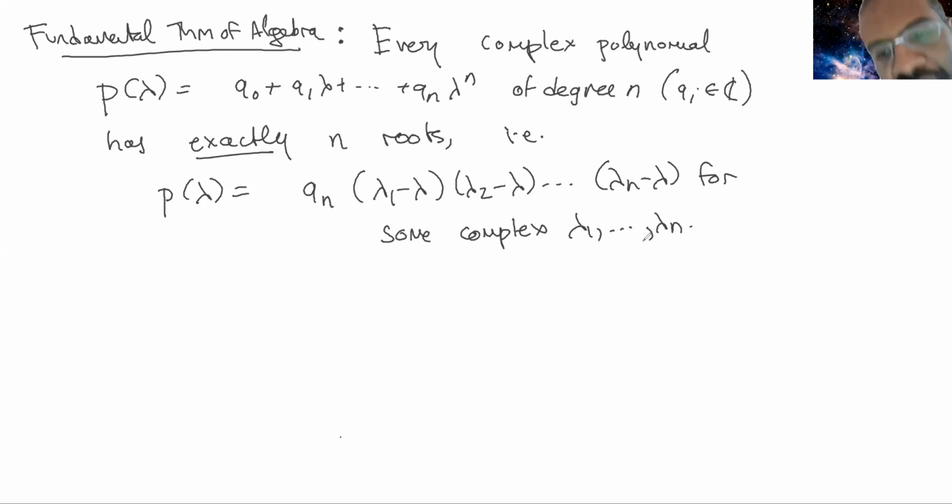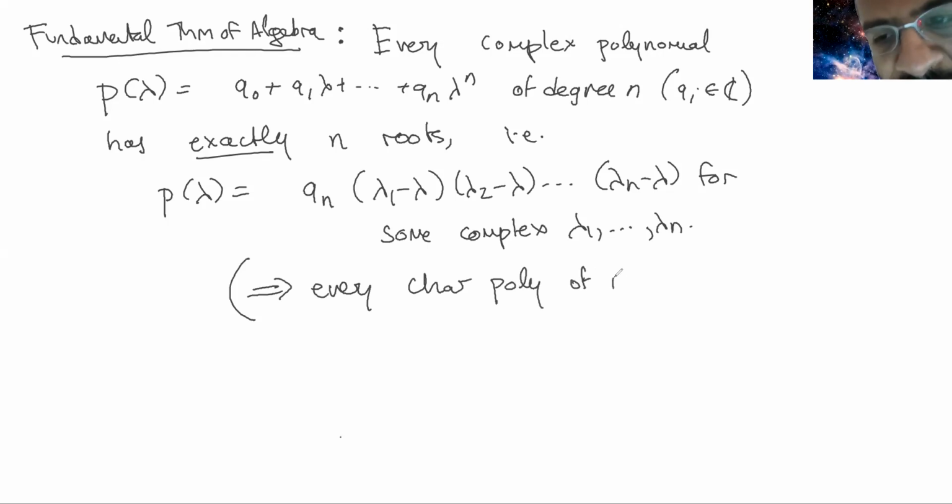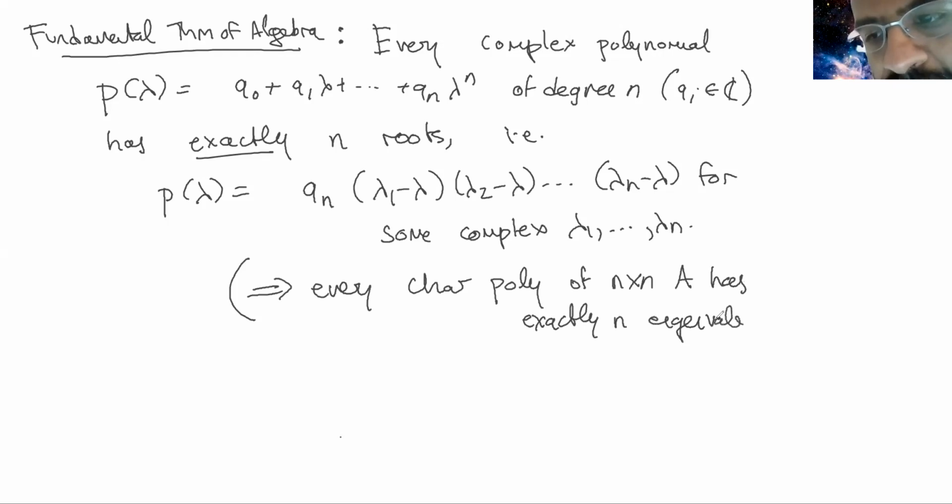And in our context, this means you can always have n eigenvalues. So it implies every characteristic polynomial of an n by n matrix has exactly n eigenvalues with multiplicity.